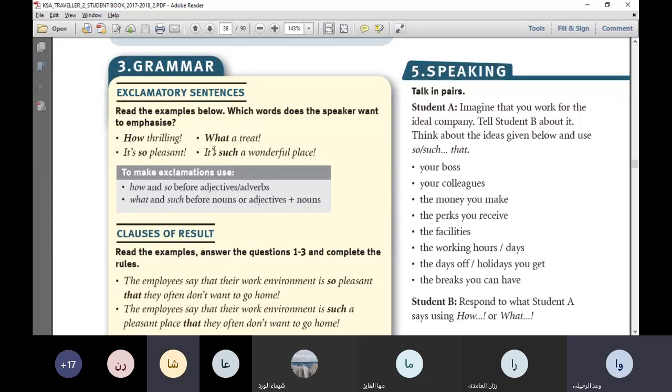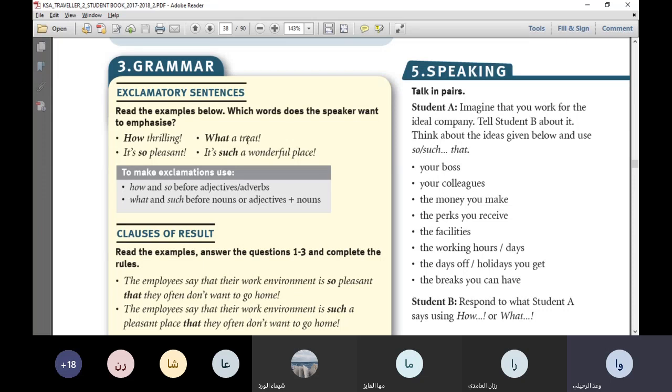What and such come before the noun or before the adjective with the noun. Pay attention to that. What and such don't come before the adjective only. It should be before a noun or before adjective plus noun, as you can see here.